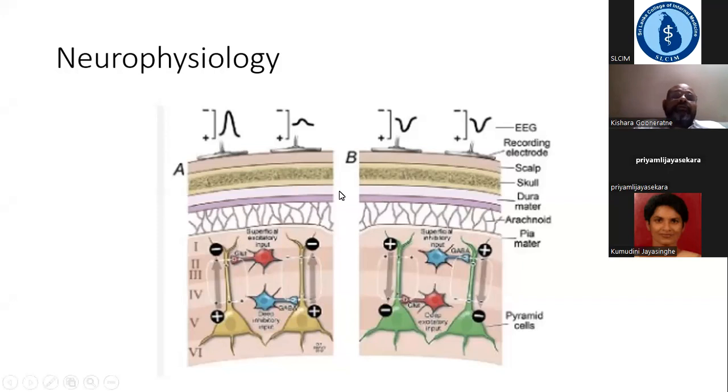So that is how the basics of the electrical discharge is detected through the surface electrode of the EEG.